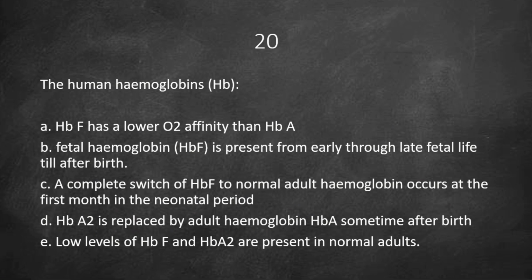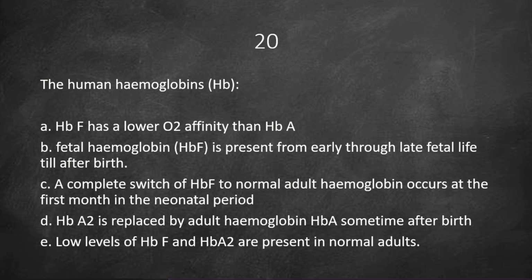Okay, question 20. It says that in human hemoglobin, A. Hemoglobin F has a lower oxygen affinity than hemoglobin A. Then B. Fetal hemoglobin, that's hemoglobin F, is present from early through late fetal life till after birth. Then C. A complete switch of hemoglobin F to normal hemoglobin occurs in the first month of the neonatal period.